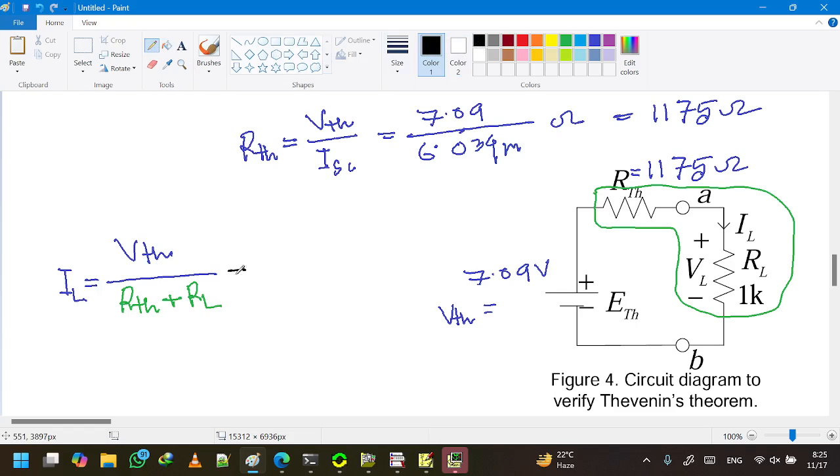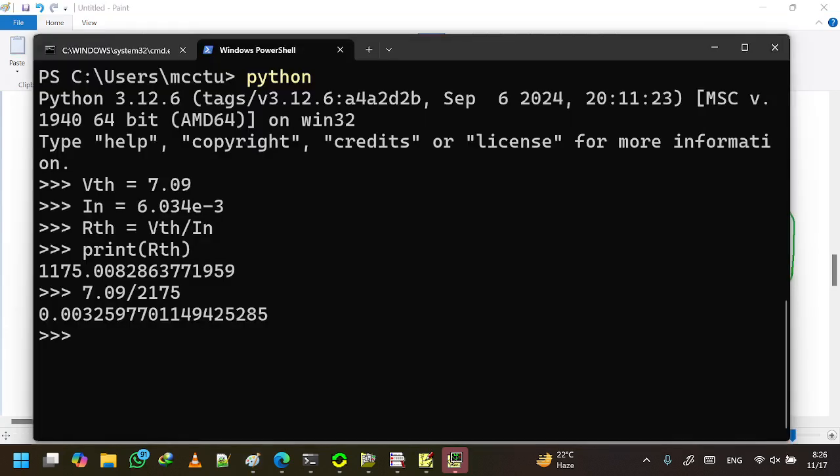The overall current will be 7.09 divided by 1175 plus 1K, which is 1000. The unit will be ampere. By calculation, we see that the value is 0.32 and so on.